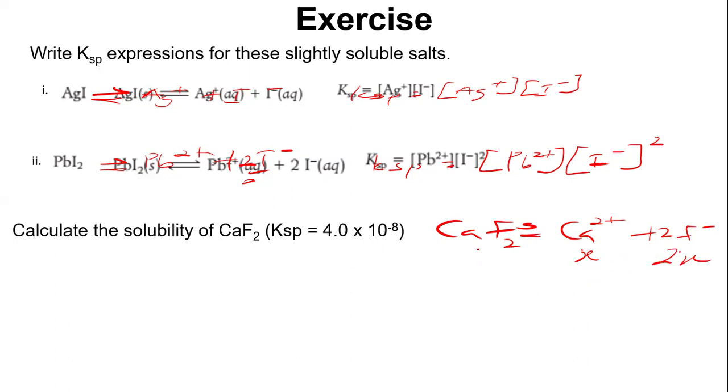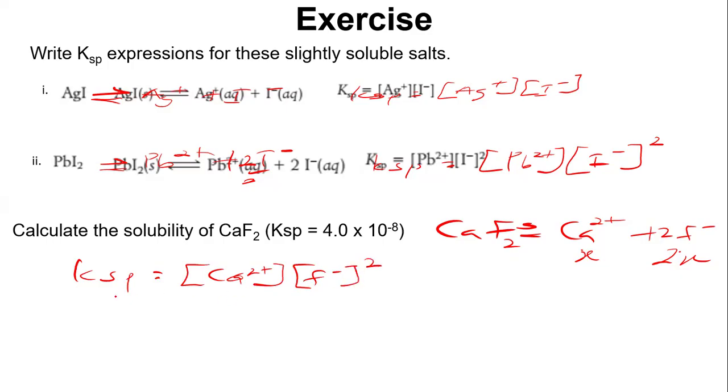So that is what we'd have here for the equilibrium. Now, the Ksp would be the concentration of Ca2 plus times the concentration of fluoride ion raised to the power 2, right?